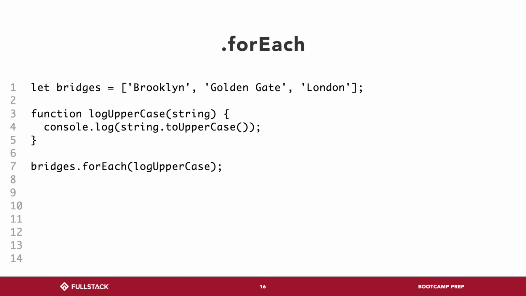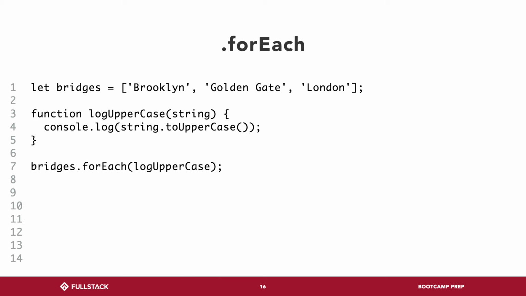And what this does is basically, under the hood, it's implicitly passing this element as the argument for this. So log uppercase string is Brooklyn, Golden Gate, and London.